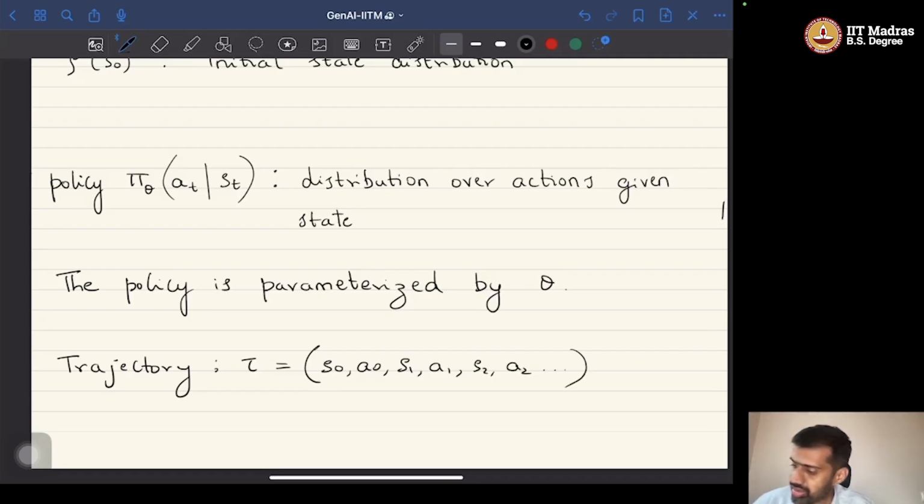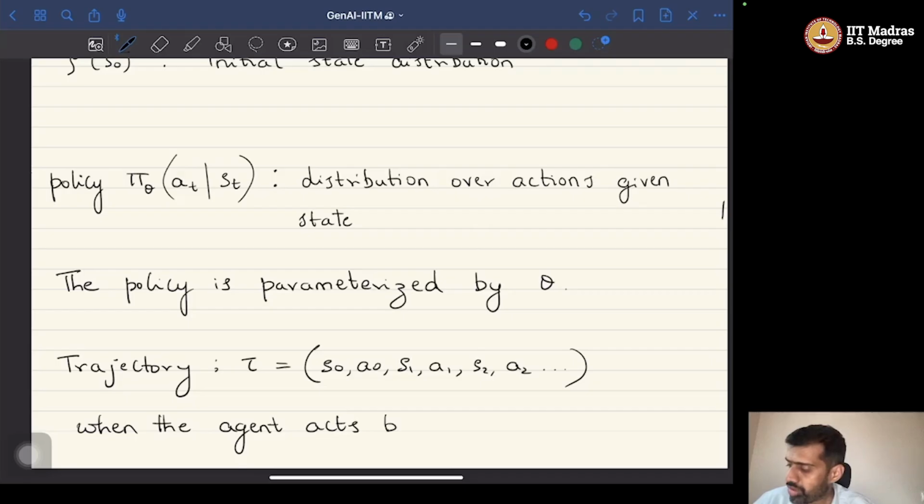We get a trajectory when the agent acts based on the policy pi theta, right? So let's say that there is an agent that is acting based on a particular policy pi theta. Now what we get is a trajectory of observed states and actions.